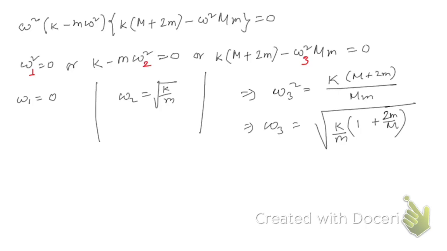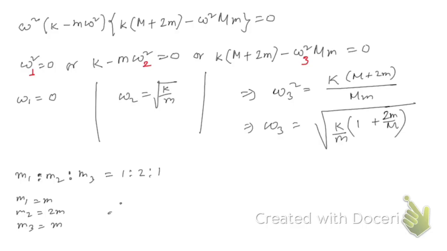So if the masses m1, m2, m3 are in the ratio 1:2:1, we can consider m1 equal to m, m2 equal to twice m, and m3 again equal to m.